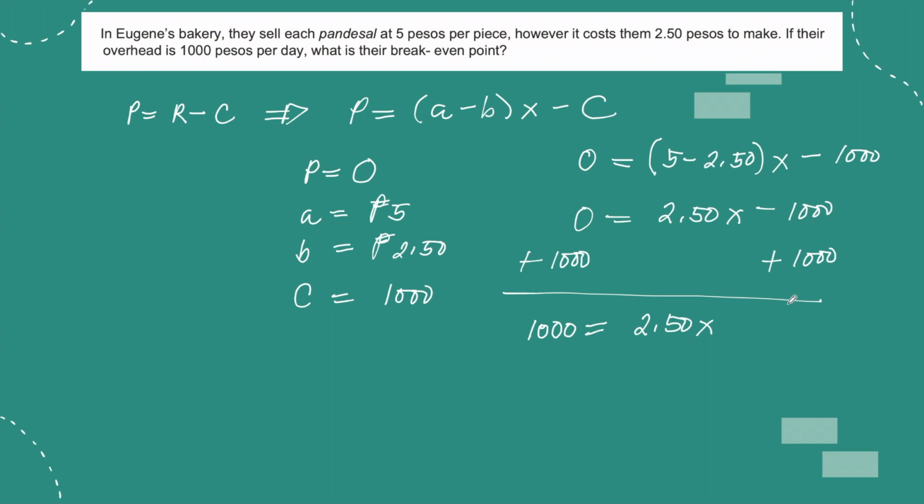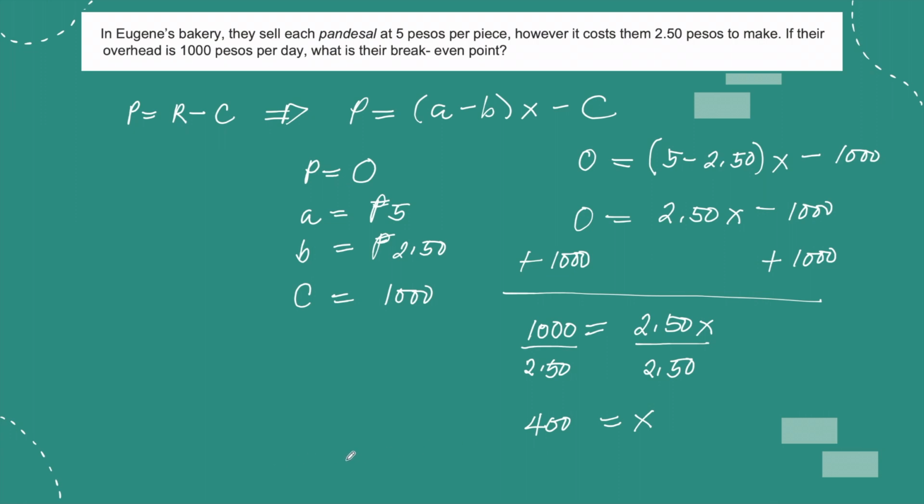Tapos, ito magiging 0 na lang. Dahil ang numerical coefficient ni x ay 2.50, divide both sides by 2.50. So, 1,000 divided by 2.50 is 400. So, x is equal to 400.